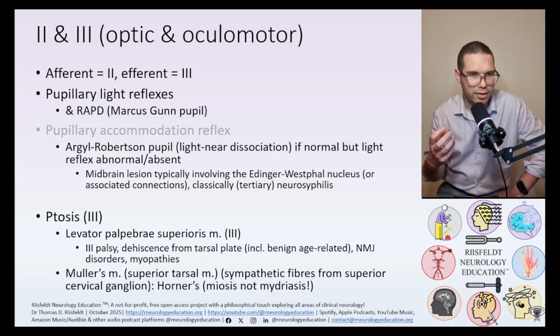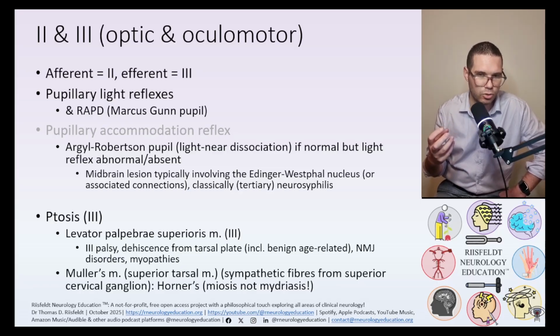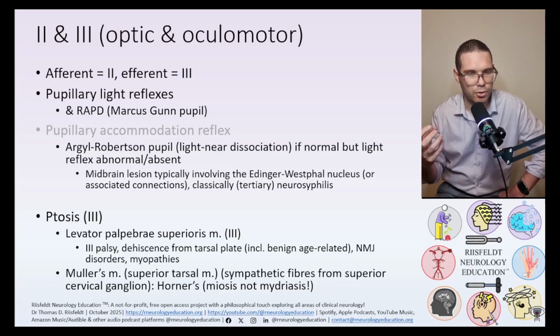But the important way to distinguish between the two, by the two I mean, say, a third nerve palsy causing ptosis from levator weakness and a Horner's syndrome with sympathetic fiber involvement causing a ptosis from superior tarsal muscle weakness, is what is the pupil doing?